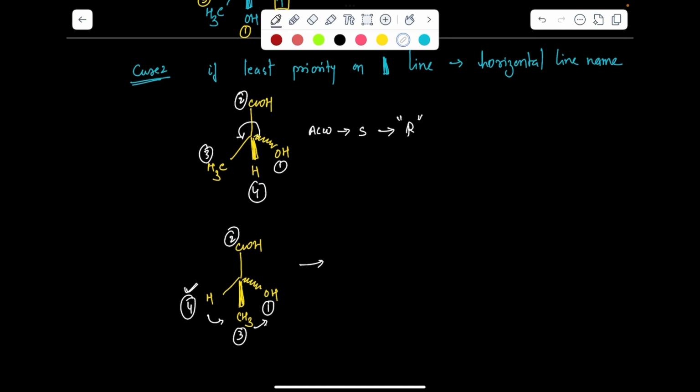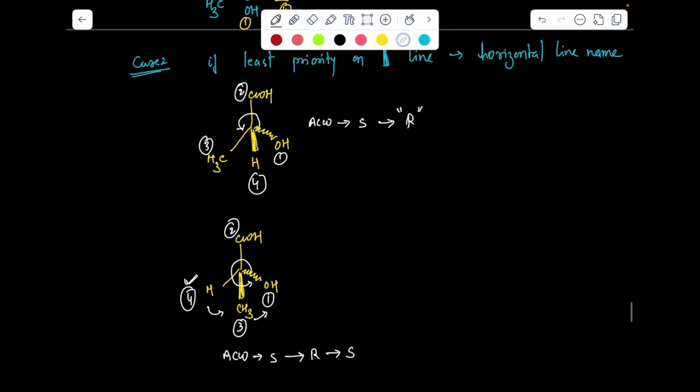As of now the configuration is 1, 2, 3, anti-clockwise. It would be S, but it turns to R and then S. So if you rotate an even number of times, the configuration stays the same. If you rotate an odd number of times, the configuration just gets reversed. So these were the cases where we have to find the RS nomenclature.